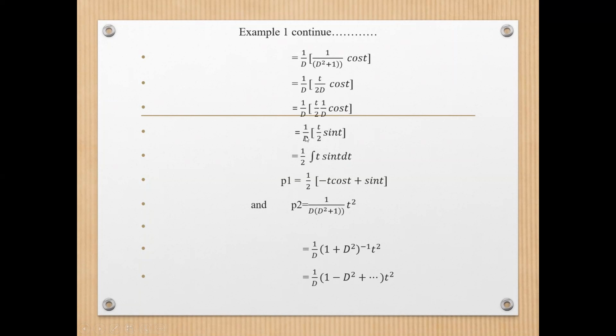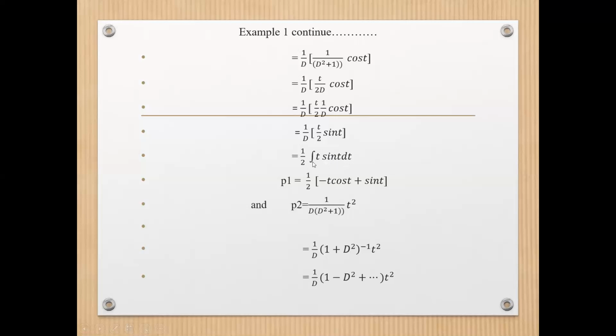So we get 1 upon D of t/2 sin t, that is 1/2 integration of t into sin t, as 1 upon D is nothing but one time integration of this quantity. But here 1/2 is a constant, take it outside the integration: 1/2 integration of t sin t dt. Use the integration by parts rule.